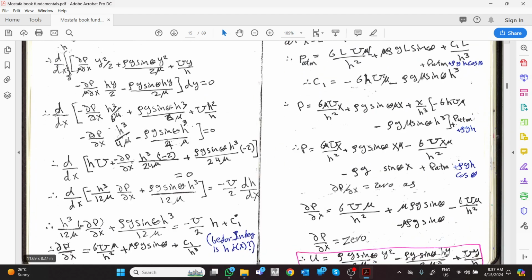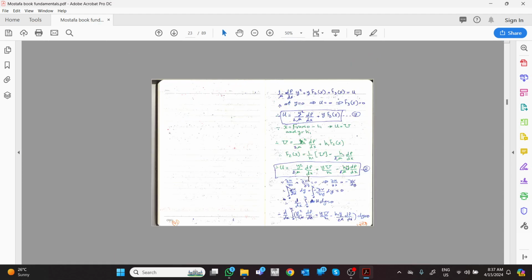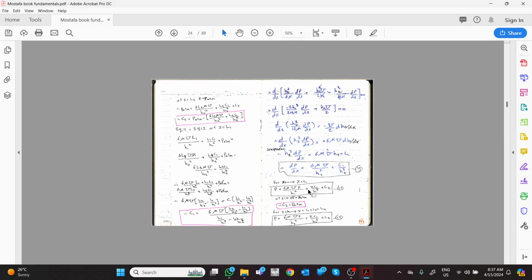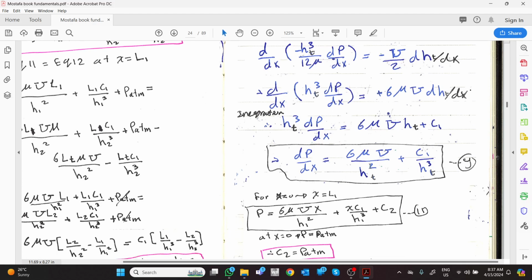When we reach del p by del x, before making integration in x, we need to ask ourselves, is h changing in x or not? Even if I didn't say it, you need to do it. You're going to do integration in x to get p, but we need to ask ourselves, is there anything changing in x here or not? Yes, it is changing in x.